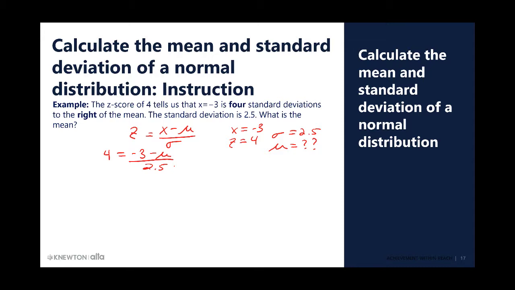So to get rid of the fraction on the right-hand side, we're going to multiply both sides of our equation by the denominator. So the left side, 4 times 2.5 is 10. On the right side, our denominator is going to cancel with the 2.5 we multiplied it by. Hence the reason why we did it. Negative 3 minus the mean.